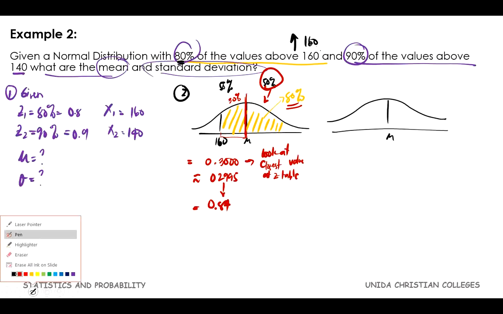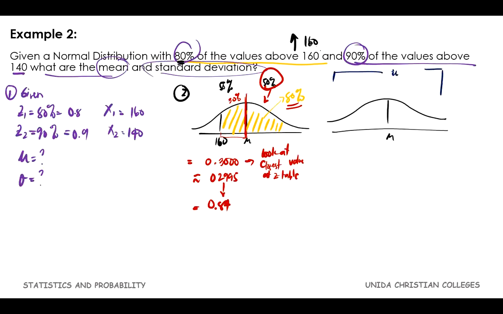So, dun sa kabila, okay, ang sabi dyan, 90% of the value are above 140. So, 90%. So, alam natin na from here to here, the sum of the area is 100%. So, ito si 50%, ito si 50%. Kasi pag normal distribution, symmetrical.